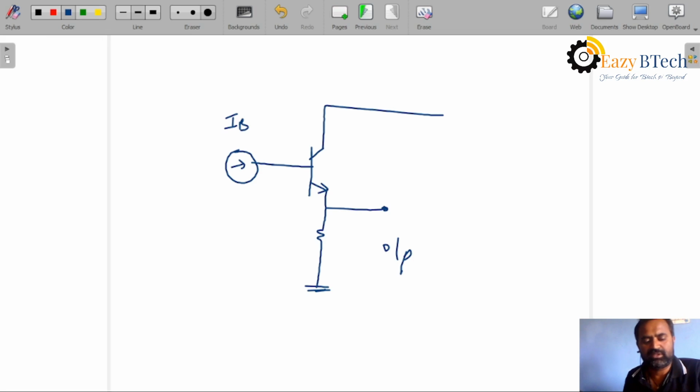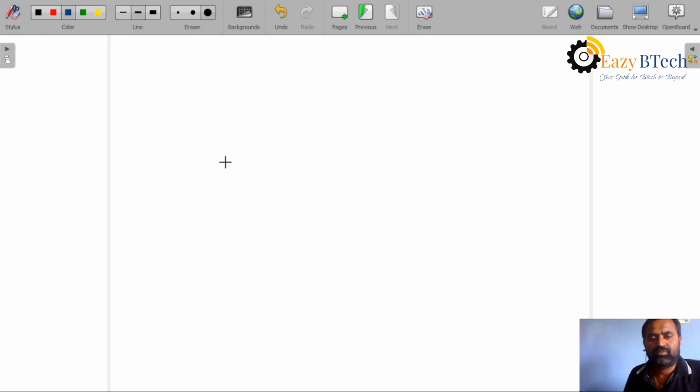Or you may draw it in this manner also. Here also you can draw IE.